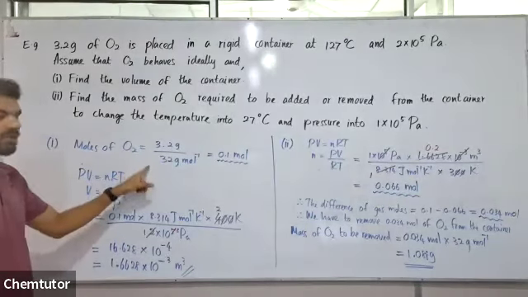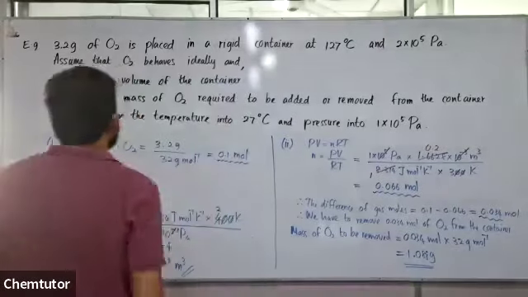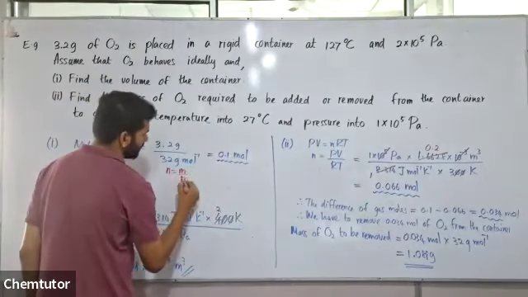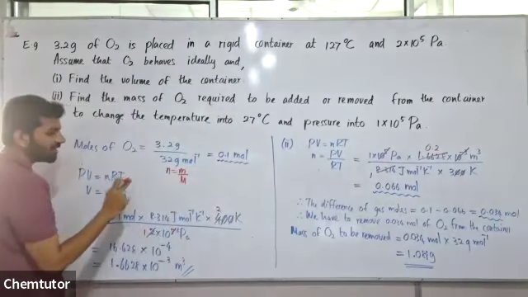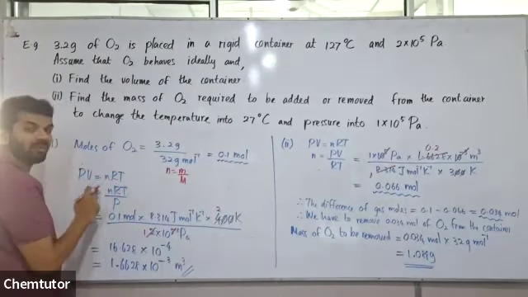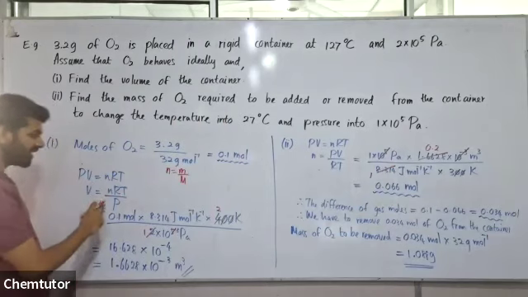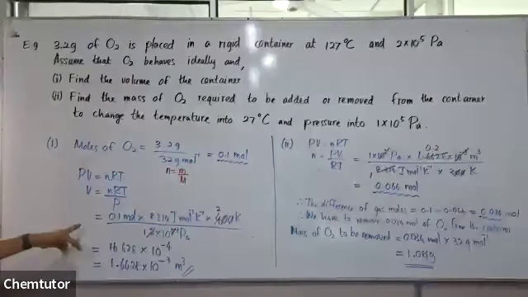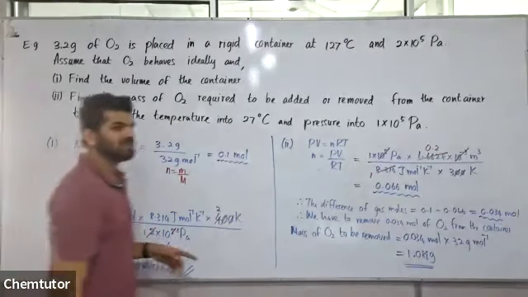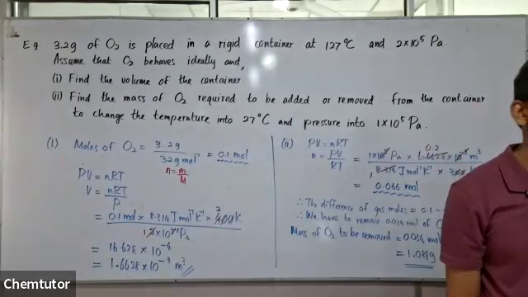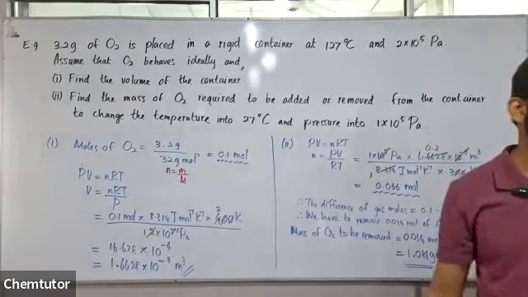So that is n equals m over M. The equation that we have used here is n equals m over M. Then what if we replace this n with m over M? If we replace that, then we can directly use that equation for our calculations. So likewise, we can find out different forms of this ideal gas equation based on the parameters that are given. So let's learn about those things now.